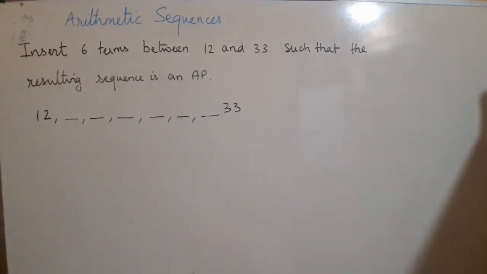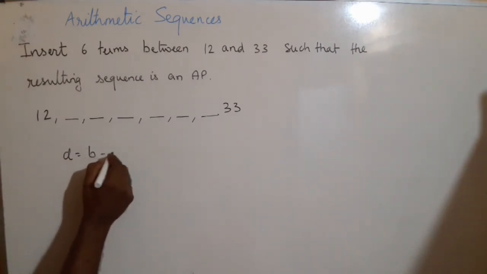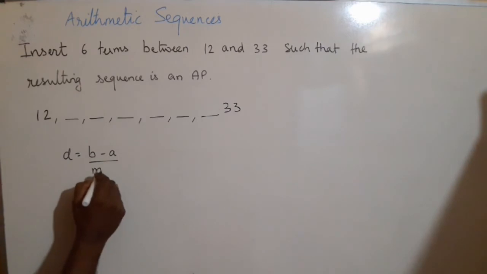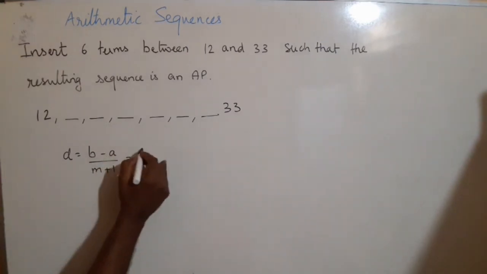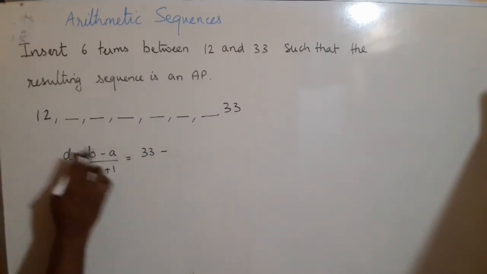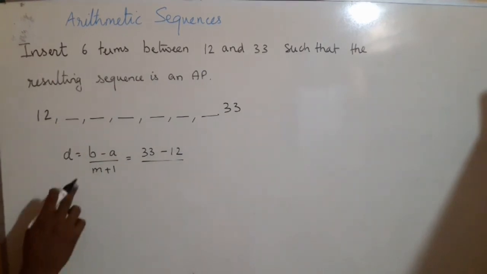So which formula have we done for this type of sum? d is equal to b minus a upon m plus 1. What is our b? 33. What is our a? 12. And what is the m here? 6, because we have to include 6 terms.